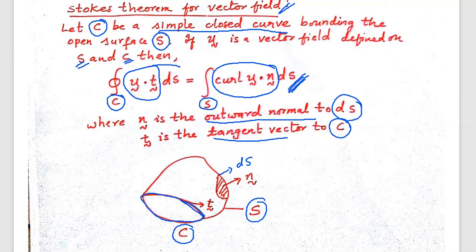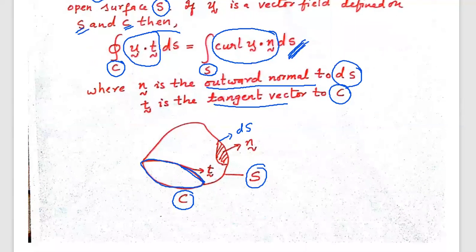Now let us use this Stokes theorem for a vector field to prove the Stokes theorem for a tensor field. Now same surface, same simple closed curve, we are going to take, instead of a vector field, a tensor field.